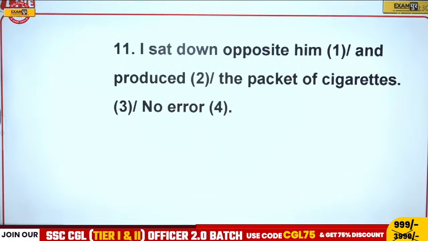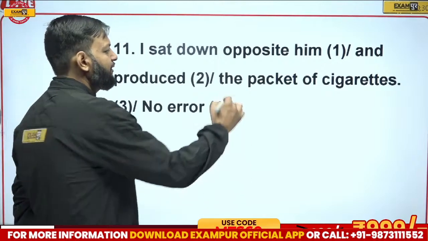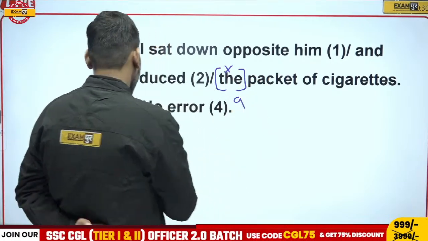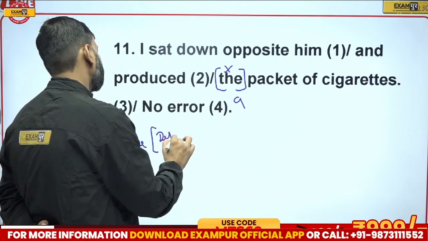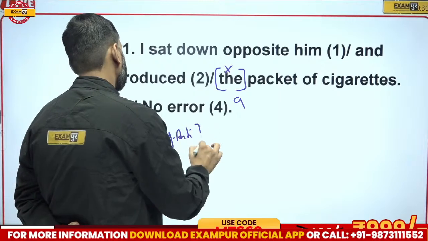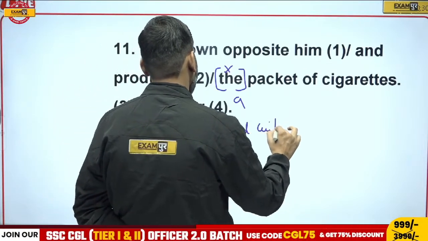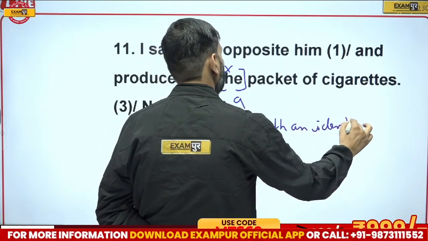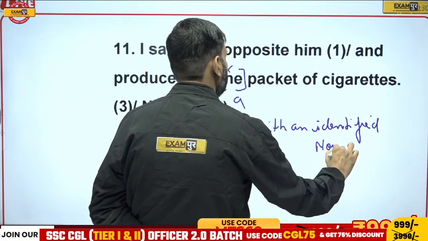See, in this sentence, the will be replaced by a, because the, which is a definite article, is used only with an identified noun.